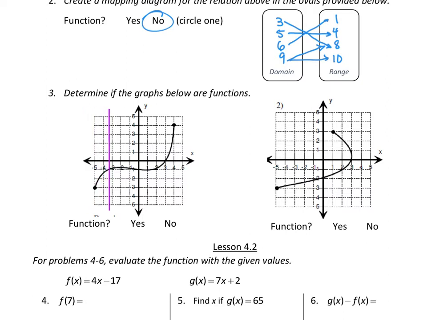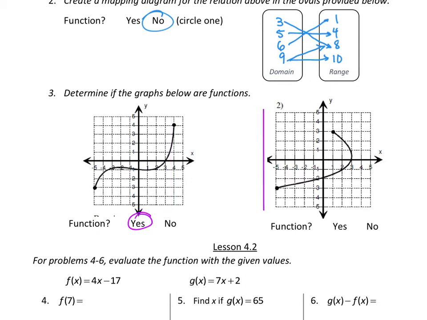There it is. Anywhere that I stop on here, I'm going to inspect right there, and I can see that this purple line only crosses this curve right here at this point, and anywhere that I drag this across, if I stop there, it only intersects at one point. So as long as that's true anywhere along this graph, then yes, this is a function.